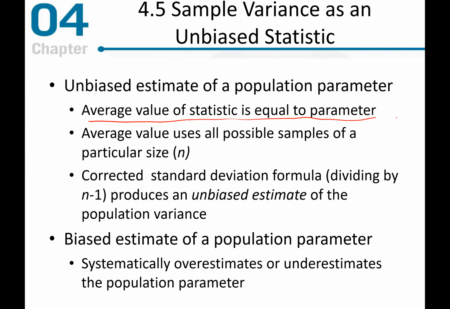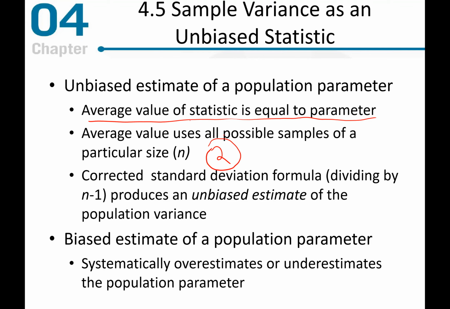All right, so the average value is going to use all possible samples of a particular size. So let's say we had a sample size of 2. If we were to collect all of the possible samples in the population with a sample size of 2, and we calculated, let's say, the mean, so we calculated the mean with all the possible samples of size 2.